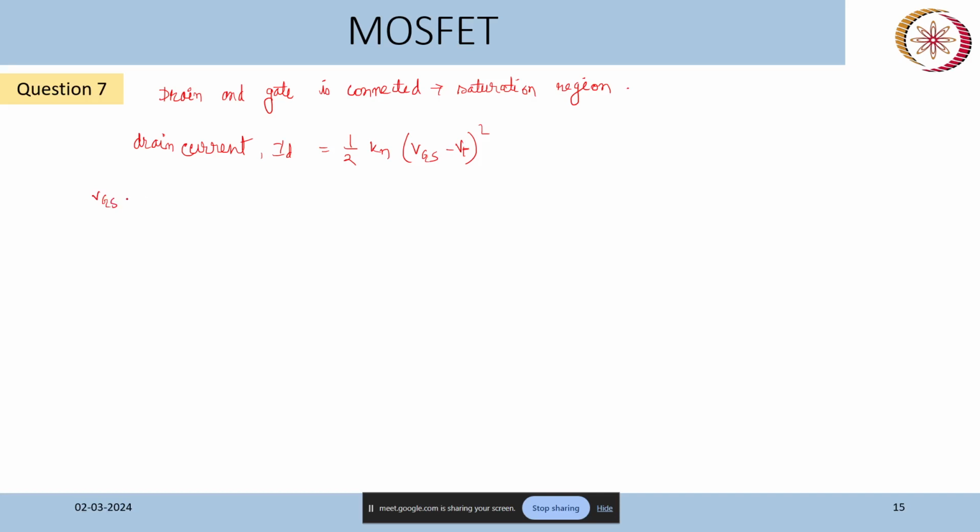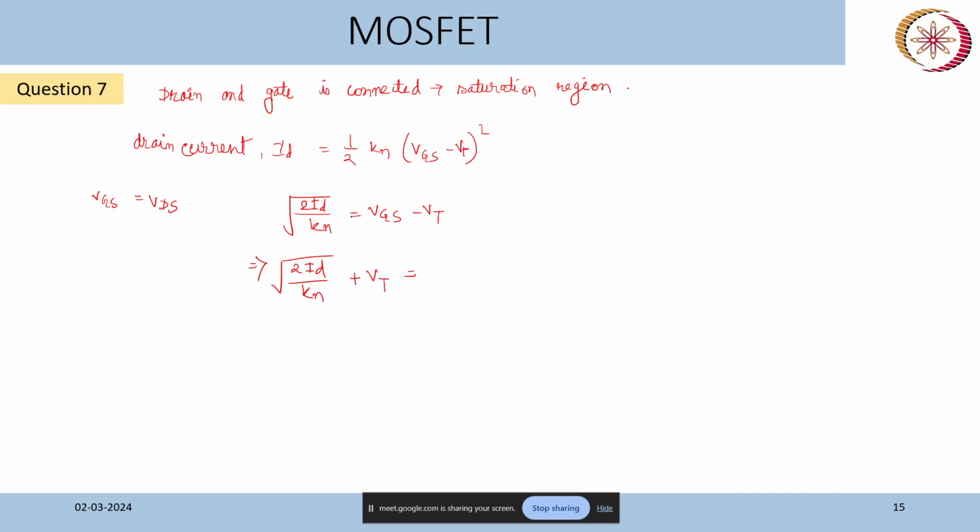This is the drain current equation when it is in saturation region. What is given? VGS equal to VDS. So square root of 2ID by Kn equals VGS minus VT, so VGS equals square root of 2ID by Kn plus VT.